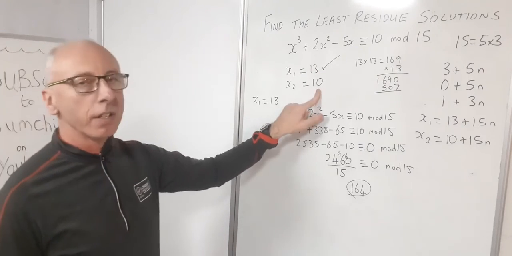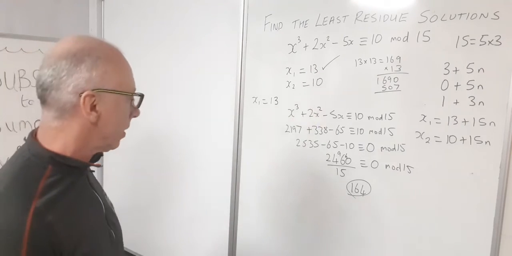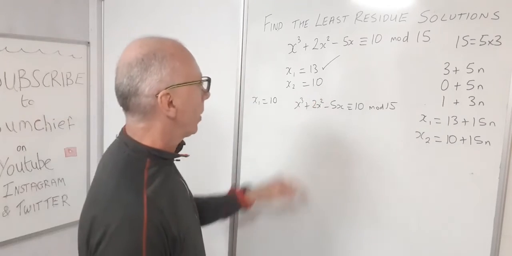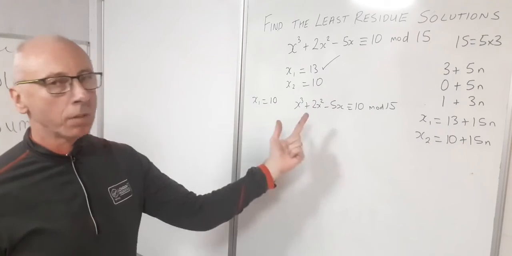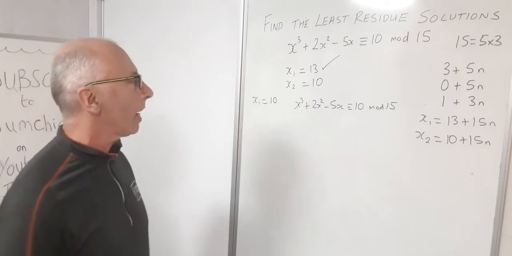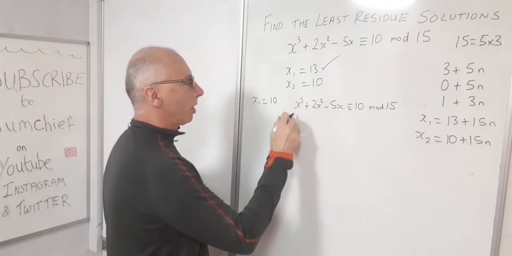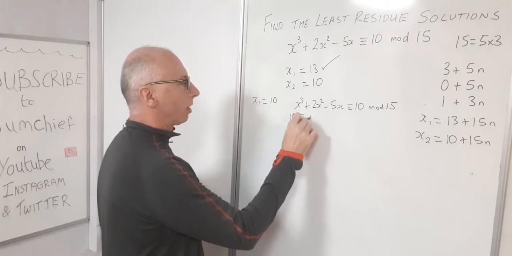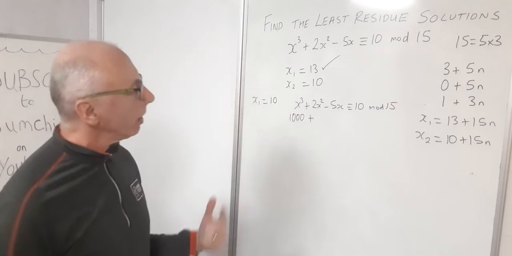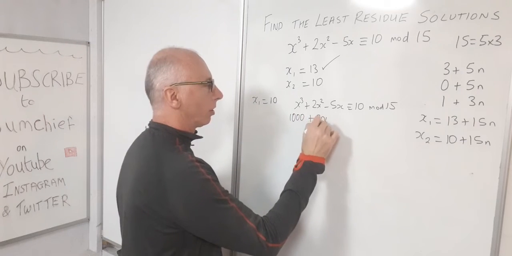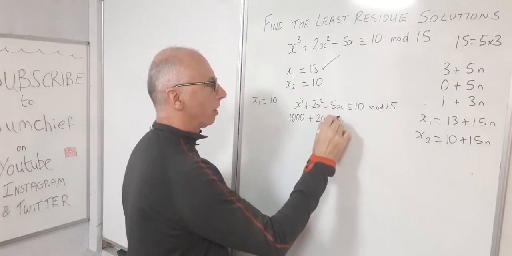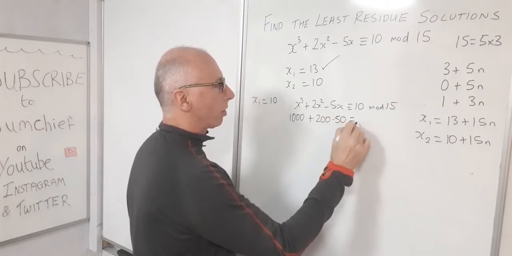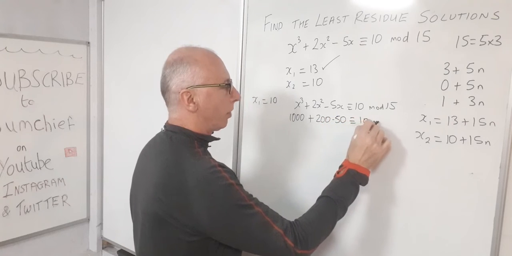Right, let's try the number 10, see if we got the correct answer for that. Okay, so we're all set up now to test for x2 equals 10. So 10 cubed, that's 1000. 2x squared, that's 200. Minus 50 is congruent to 10 mod 15.